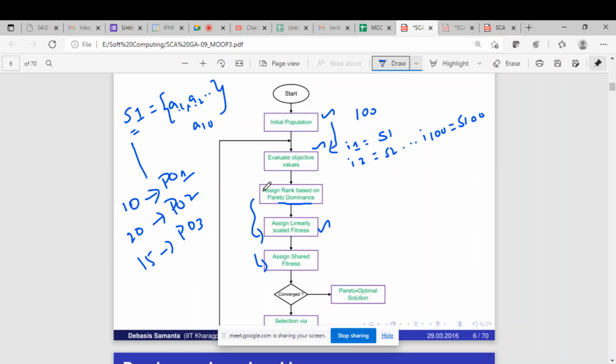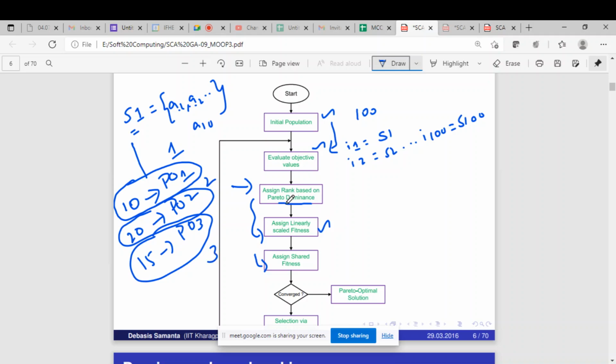The point is, for all the individuals in the same Pareto optimal set, it will give the same rank. For example, if all these individuals are ranked as 1, then all these individuals may be ranked as 2. Then all these individuals may be ranked as 3. So that is how it does the ranking.